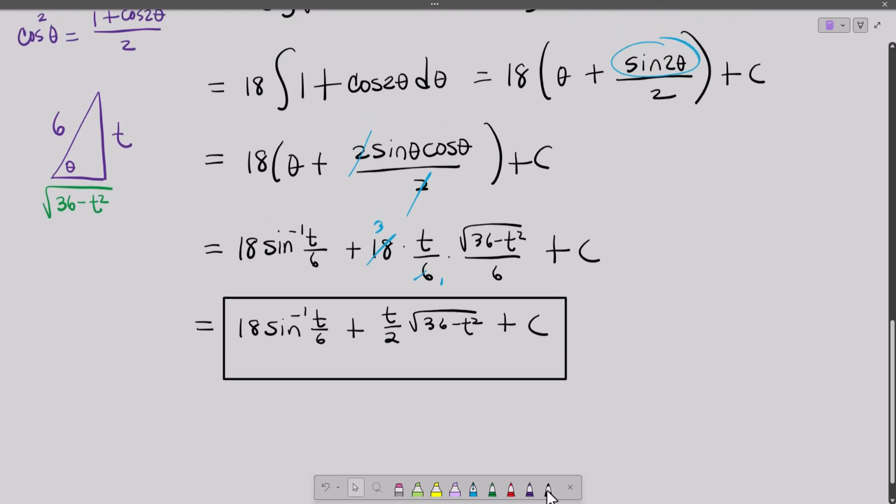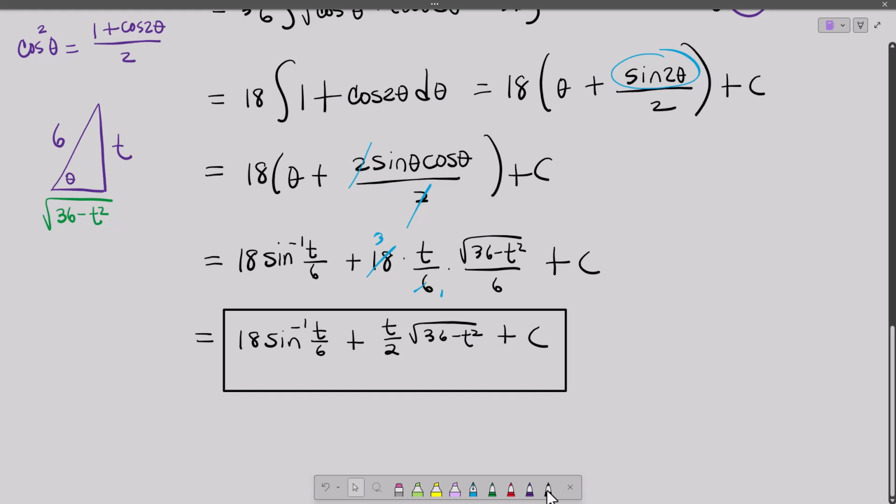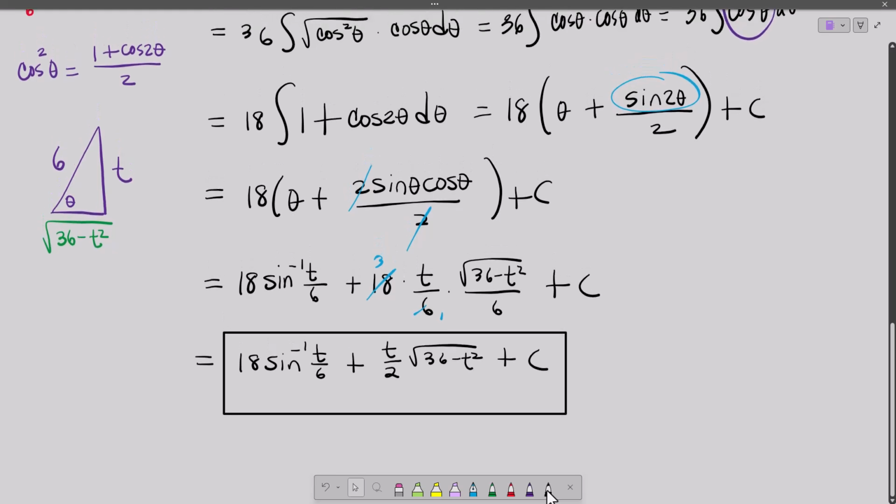How did we determine that that line is the square root of 36 minus t squared on that triangle? The green one, yeah. How do we decide that? Pythagorean theorem. A squared plus b squared is c squared. So if a squared plus b squared is c squared, we're going to subtract b squared from c squared, getting 36 minus t squared, and then we have to take the square root. You see it?